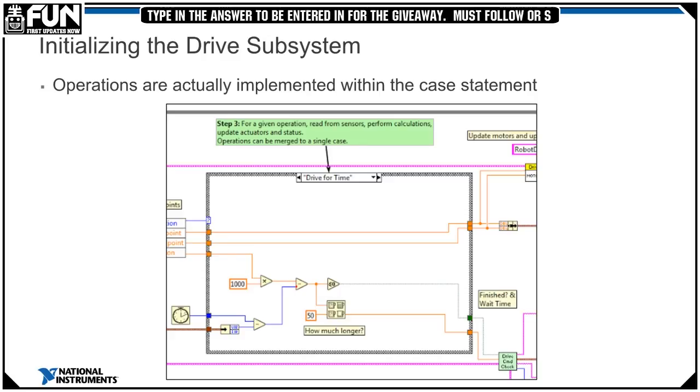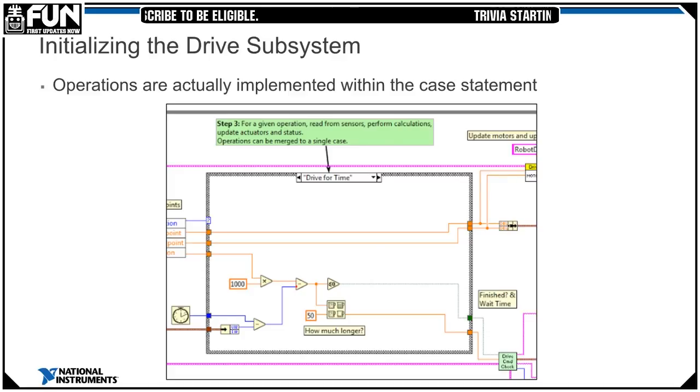So here we're looking at the drive for time state, and you can see that we've taken our set points and wired them out. And we're doing some clever stuff with the time there to determine if we've reached our duration time or if we need to update again and repoll. We're polling every 50 milliseconds here because we want to keep the safety configuration on the motors happy. So that's why we're doing some clever timing stuff there.